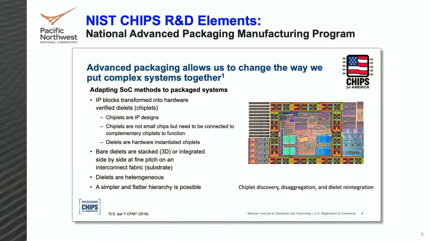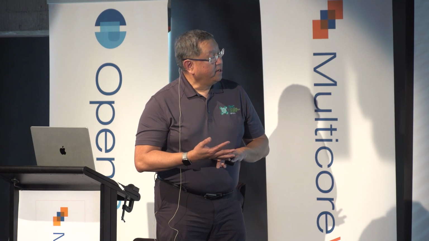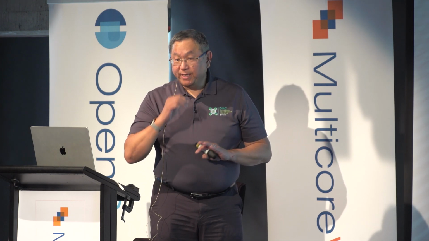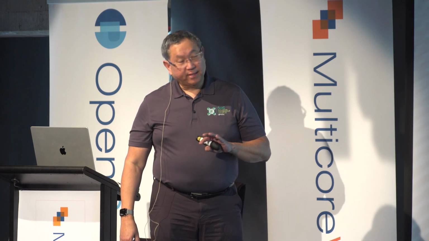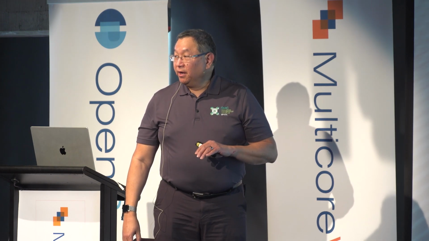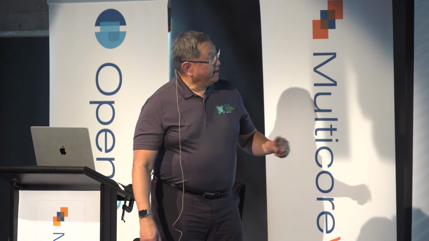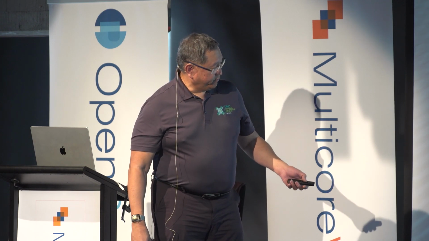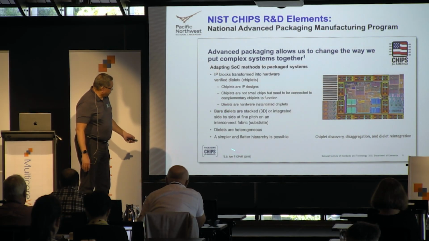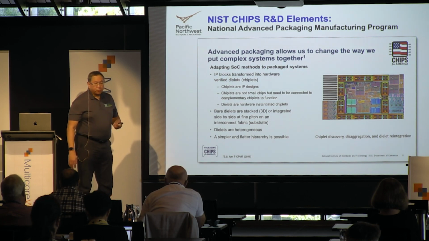Another major area of investment is the National Advanced Packaging and Manufacturing Program. Bob gave a good overview of the differences between 2.5D packaging and 3D packaging. Much of this investment goes towards 3D heterogeneous integrations, and that means then the stacking of chiplets or dielets. The text in here is provided from a presentation from Subbu Iyer.